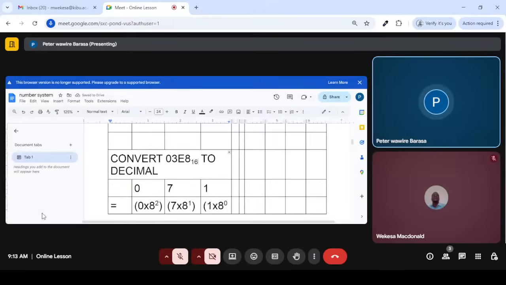So here you will be multiplying by 16. Let me remove this. So here it will be base 16.